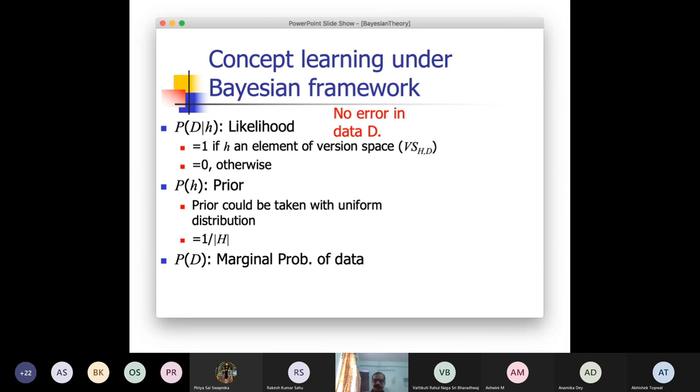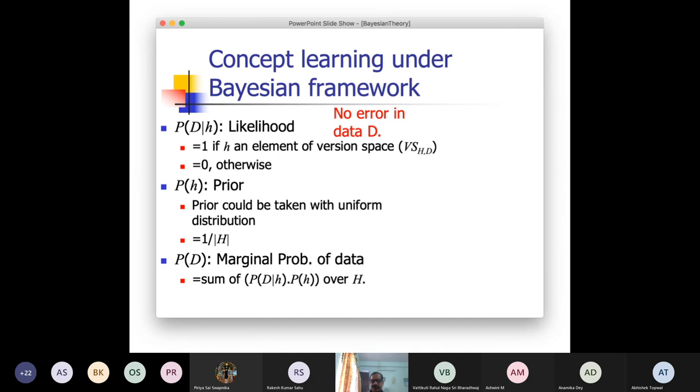When you are considering a consistent hypothesis, then definitely the likelihood of that data would be 1, probability would be 1, and the prior would be taken with any uniform distribution. That is the kind of assumption. So any hypothesis has equal probability of getting selected, and then the marginal probability of data would be this.